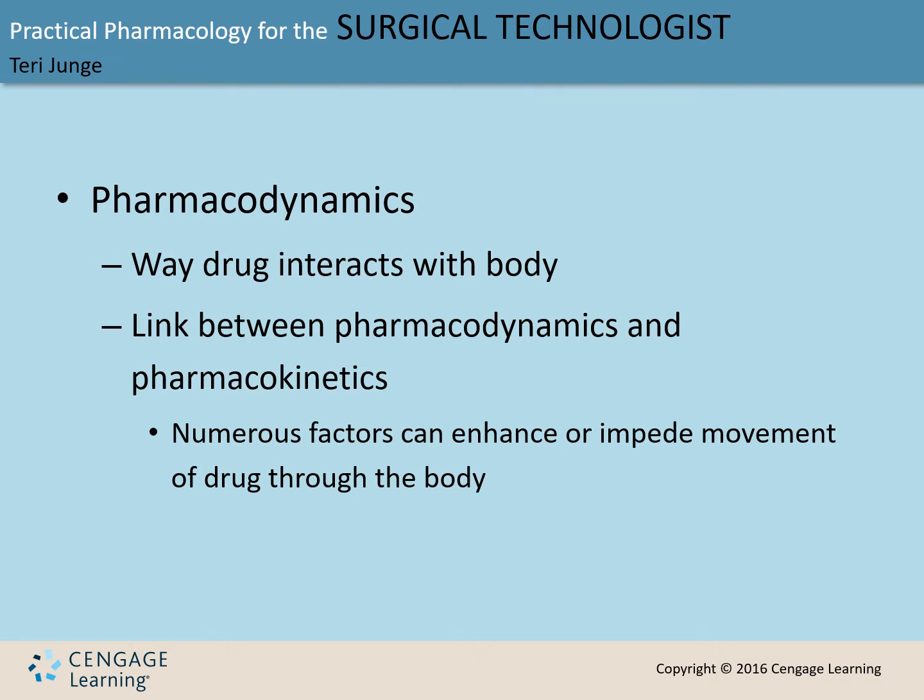But if the body is not, then that is when things can become a little bit more tricky. And there are numerous factors that can either speed up or enhance the movement of drugs through the body, and conversely, there are a multitude of factors that can impede the movement.